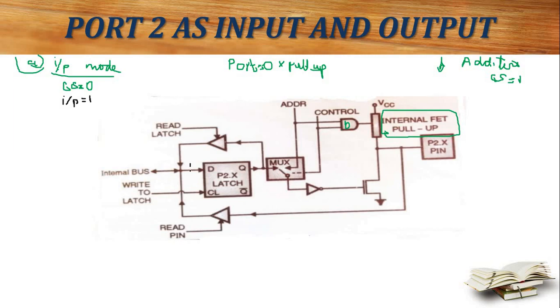So 1 is given to the D latch. Once the clock is enabled, this Q will get the same input as 1, and this Q bar will get 0. While it is acting in input mode, that is control signal equal to 0, MUX will get output from this Q bar. So it will get output as 0.